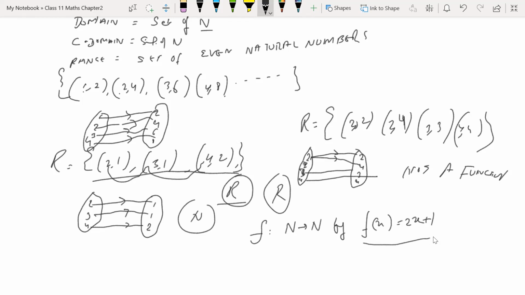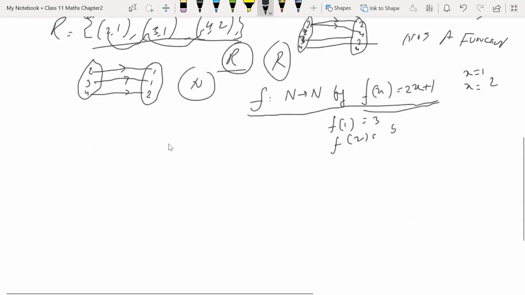Then what is the real value of this? If x is 1, then f(1) would be 3. If x is 2, then f(2) would be 5, and so on. So this is a real valued function. Now let's define some more functions and their graphs.